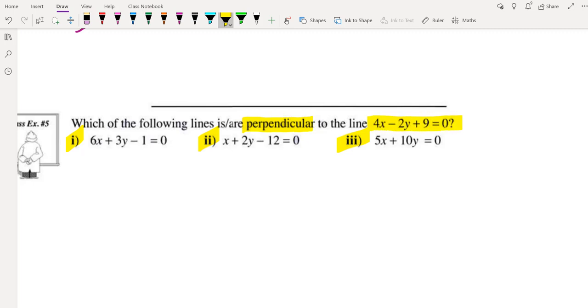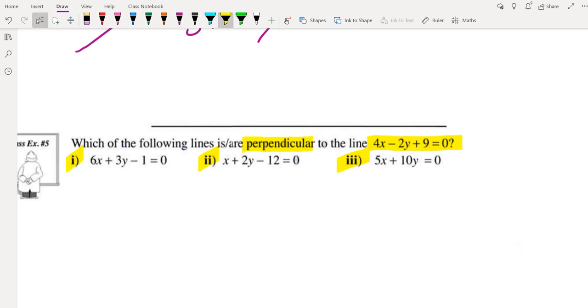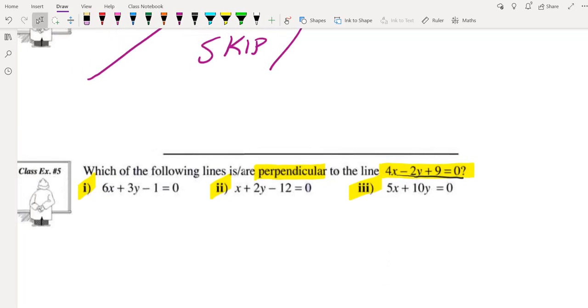So how do we tell if two lines are perpendicular? We need to compare their slopes. So we need to know what the slope of this line is and compare it to the other slopes, right? So what is the slope of this line?